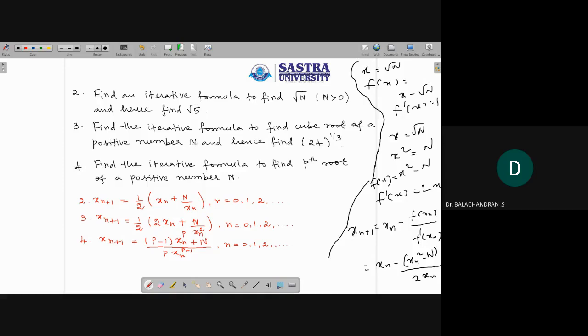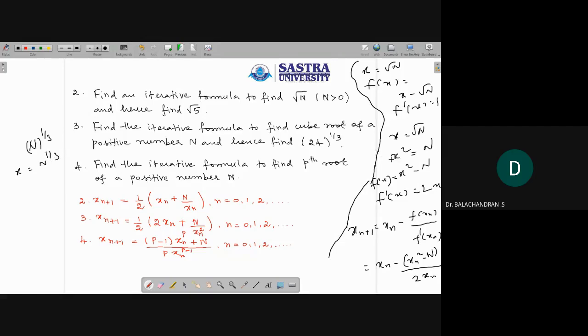Similarly, find the iterative formula to find the cube root of a positive number n, that is n power 1 by 3. Here x is equal to n power 1 by 3.